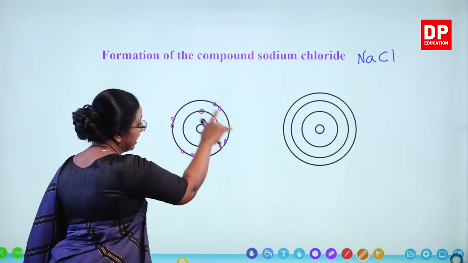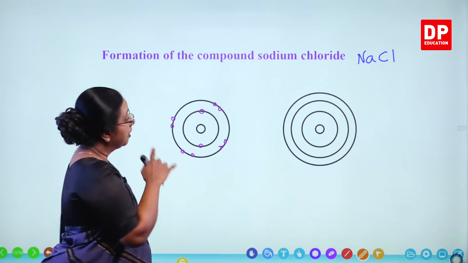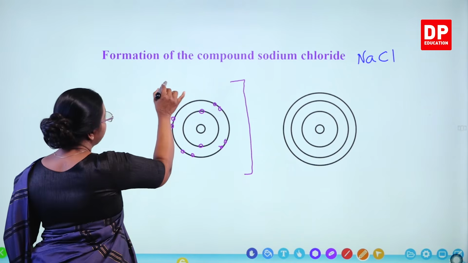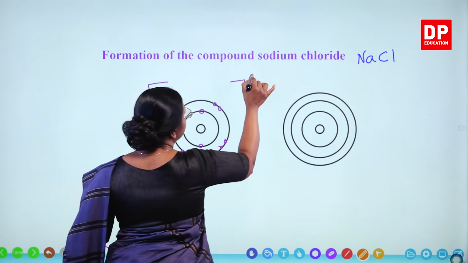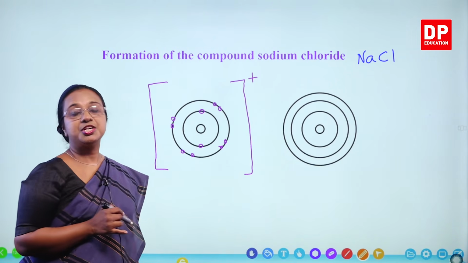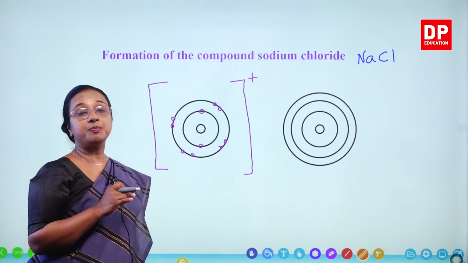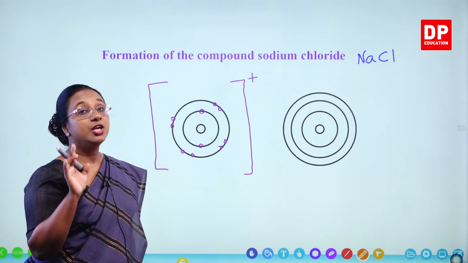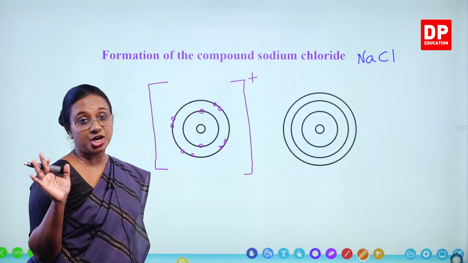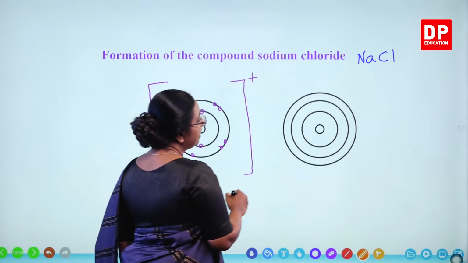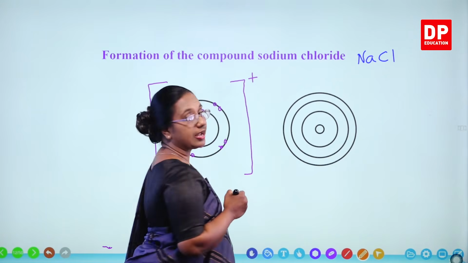But for this, we have to write a square bracket and indicate the charge. Always at the right hand top corner of the square brackets, you have to indicate the charge. So, sodium ion.